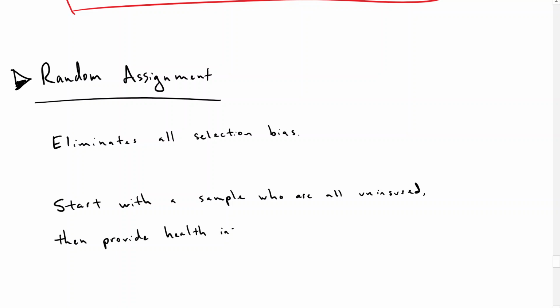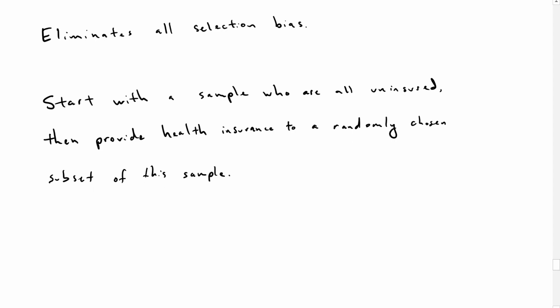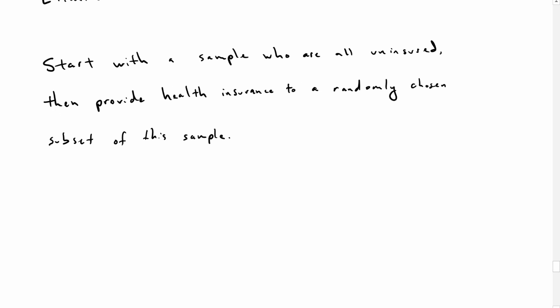So start out with everybody without health insurance, and randomly divide these people into two groups. So we have two randomly chosen groups.